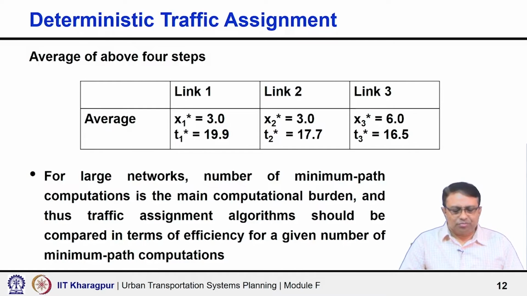So, for a large network the number of minimum path computations is the main computational burden, and traffic assignment algorithms should be compared in terms of efficiency for a given number of minimum path computations. That is one aspect you should bear in mind, but I hope you have understood these steps.